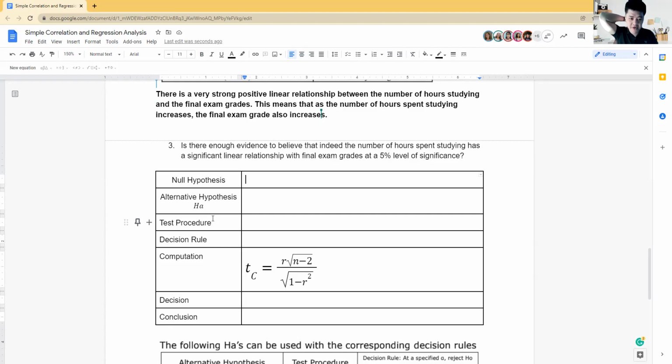O na pala, yung dapat number of hours spent studying. For the alternative, there is a significant linear relationship. Sige. Somebody please complete this. There is no significant. Okay. How about for the alternative? All you have to do is to just get the opposite of the null hypothesis. Sige. I'll just be verifying the symbol that we're going to use.